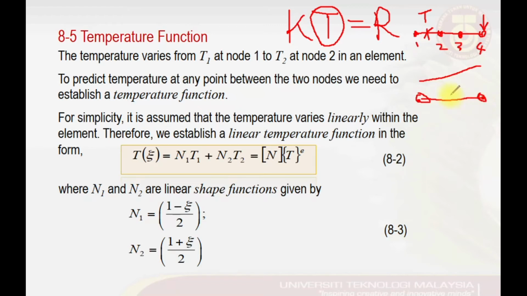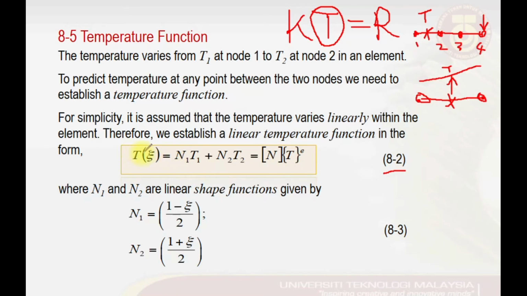If we know the temperature here and there, then by taking the linear relation between the two, we can roughly predict the temperature at that particular point that resides between the two known temperatures at each nodal point. This can also be done by solving equation 8.2 here.